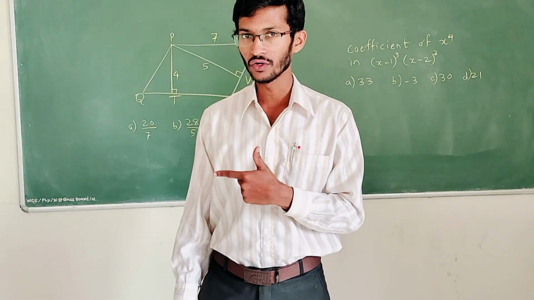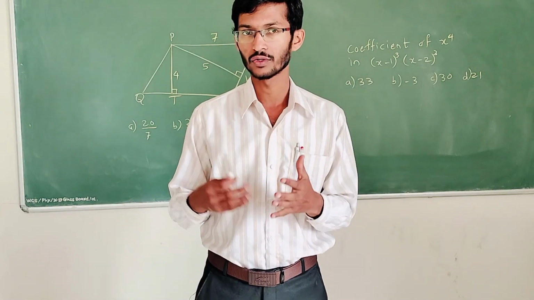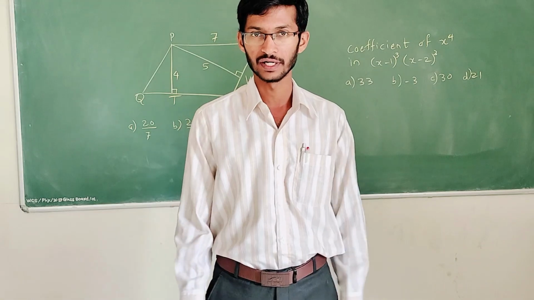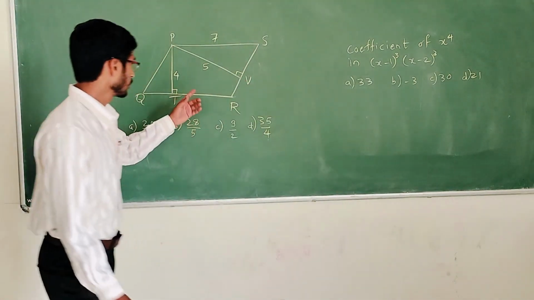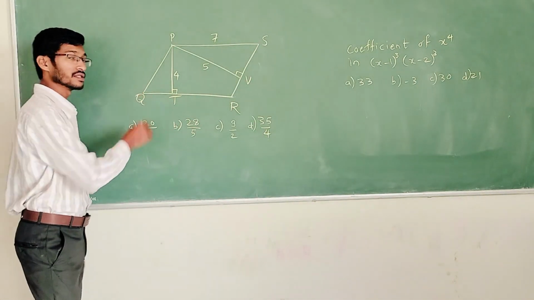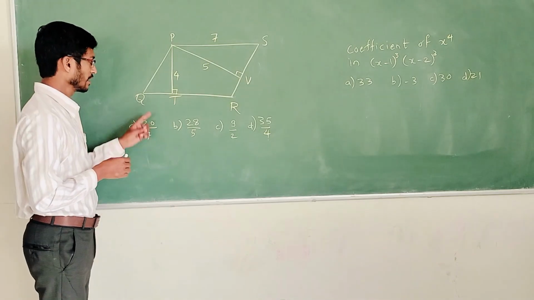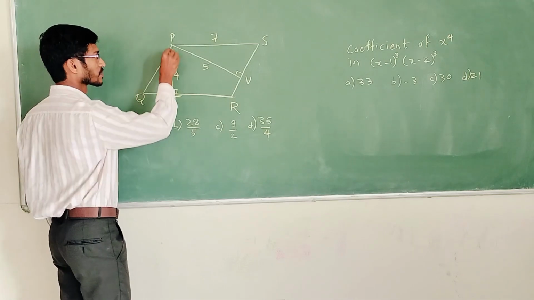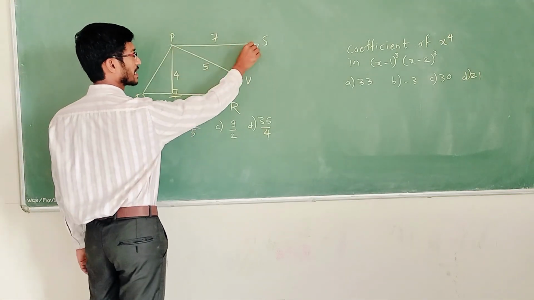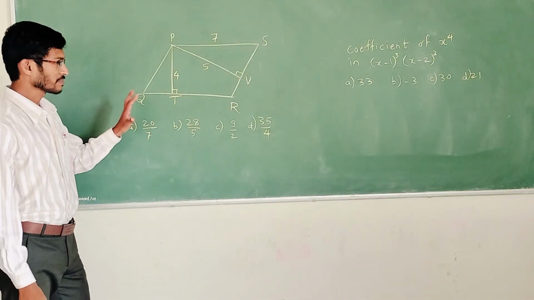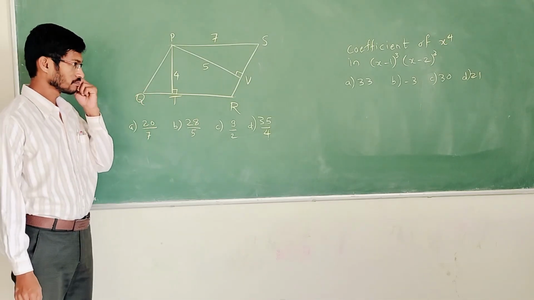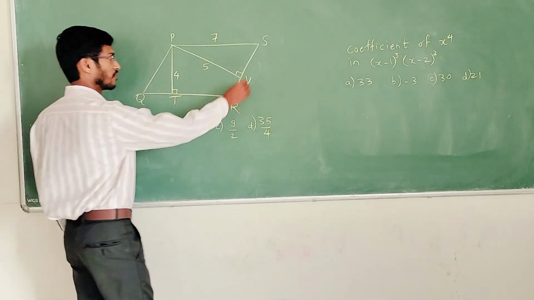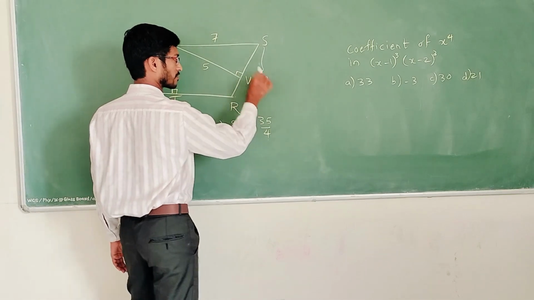So in today's video, I am going to discuss two problems from GATE 2023. The first problem is that we are given a parallelogram with sides PT, PV and PS, where this diagram is just a representative diagram, and we are asked what is the length of RS.